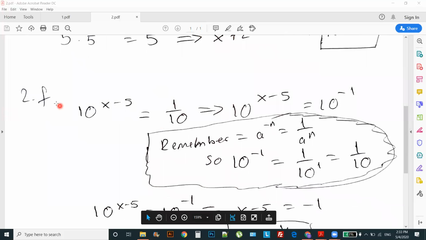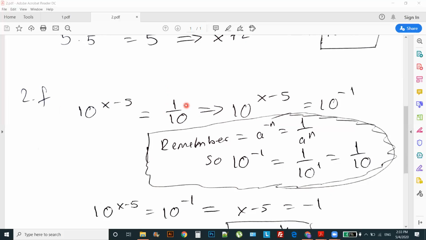Question 2f. 10 to the power of x minus 5 equals 1 over 10. You must not get confused, guys, when you see 1 over 10. Don't think what's happening here. We're doing an exponential equation and now there is a fraction.